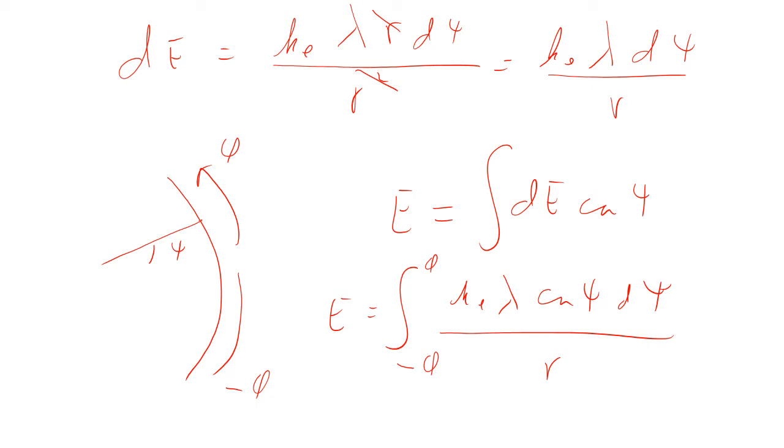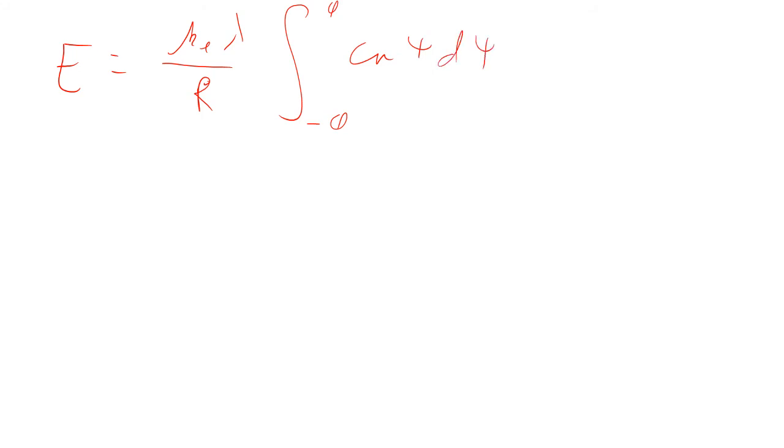Okay, so you look at that and say, well, the electrostatic constant k_e is a constant. Lambda is going to be a constant, so that comes out. R is the center of the arc of this curvature, so that's constant. So this becomes k sub B lambda over R, integral from minus phi to phi of cosine psi d psi.